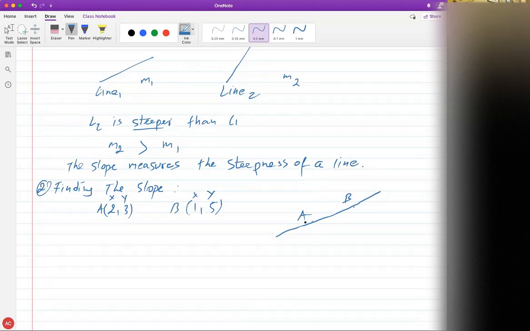So for the line that goes through these 2 points here, we can find the slope. We can measure the steepness of this line. This is not the actual line, just a quick sketch that I did. But we're going to see later how to graph these on a graph. So we're going to need what we call the slope formula.